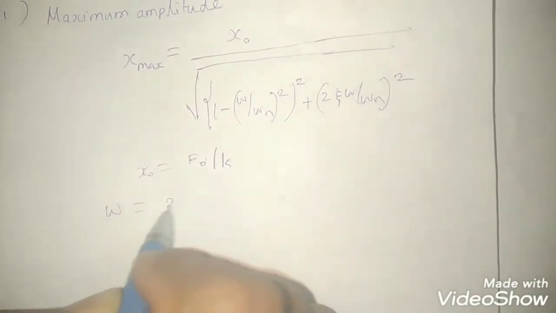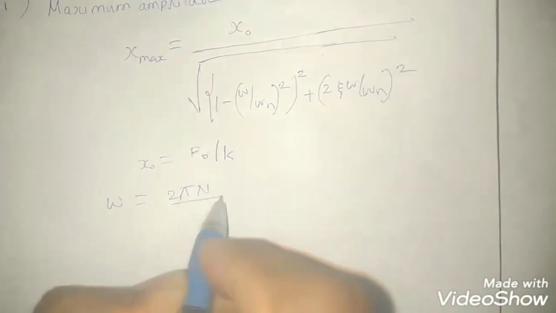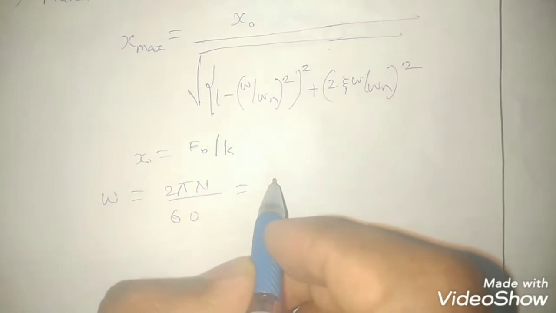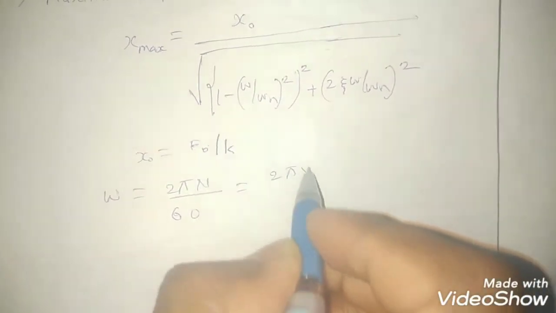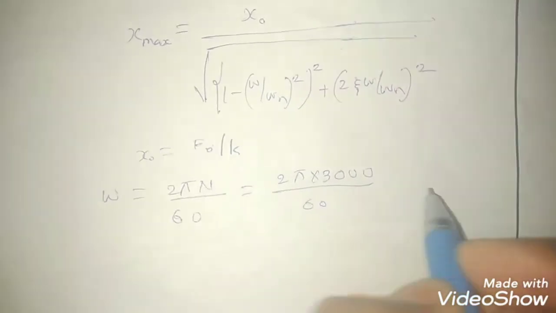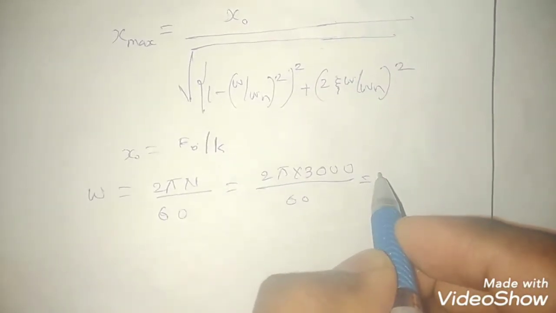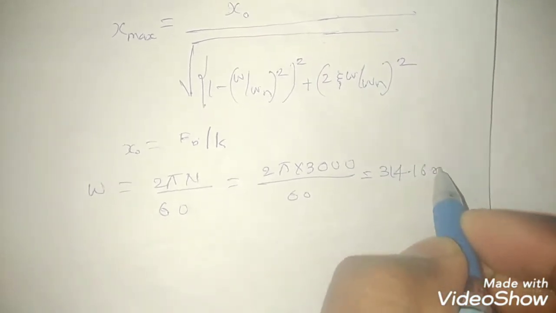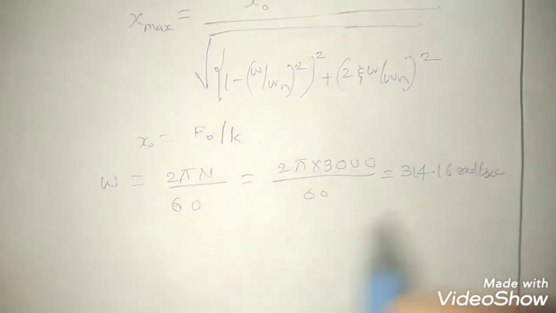The formula to find omega is 2 pi n divided by 60. After substituting the values, that is 2 pi into 3000 rpm divided by 60, the answer you get after calculating is 314.16 radians per second.